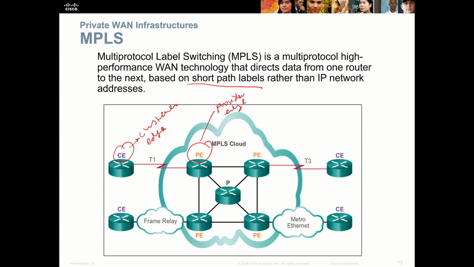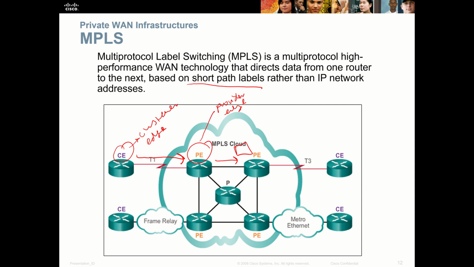For example, the CE sends a packet to the PE, so the PE will decide the route. The next router that makes contact with each packet, for example when the PE sends this packet to another router, will give the packet a label which can be read by routers further down the chain.